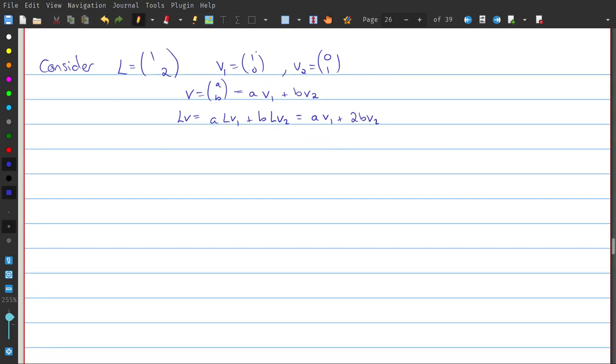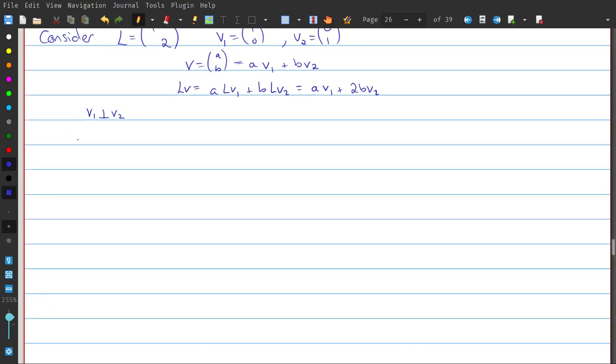In general, okay, here I could just see it because it was written like this. If in general we have that v1 and v2 are perpendicular to each other like this, then we know any vector v is equal to the sum of the inner product of v with v_i multiplied by v_i, if the v_i are orthonormal.